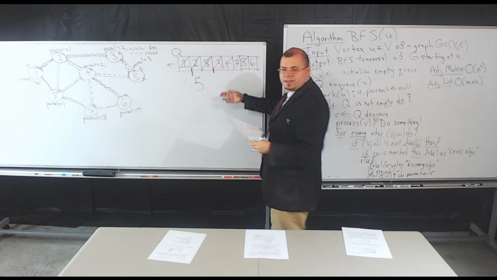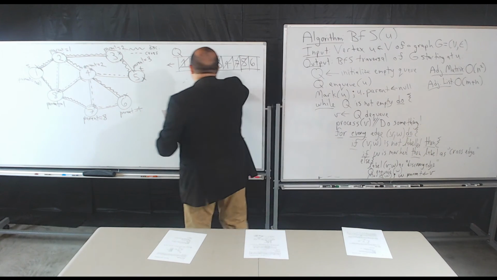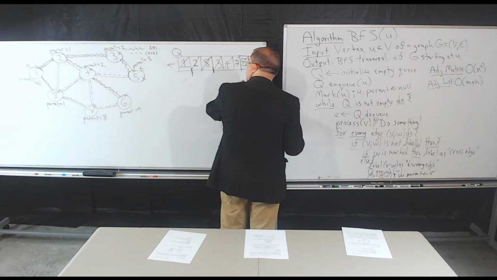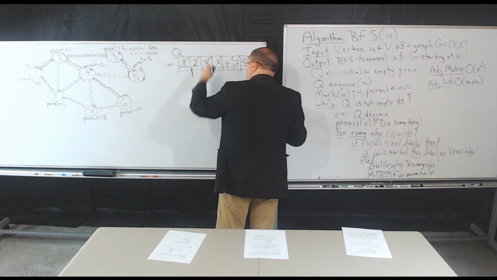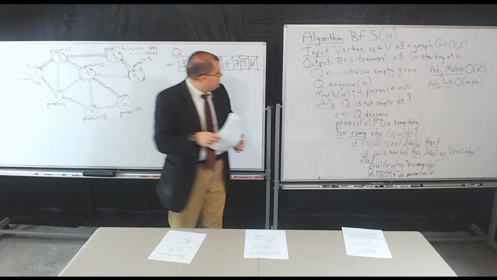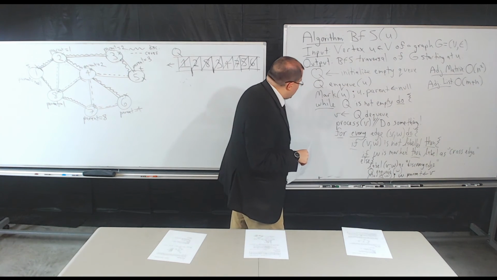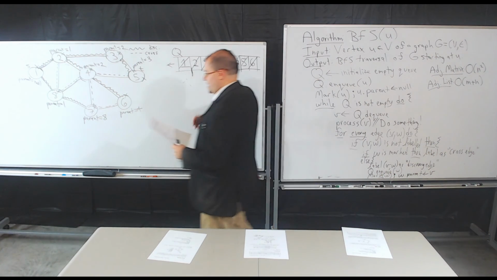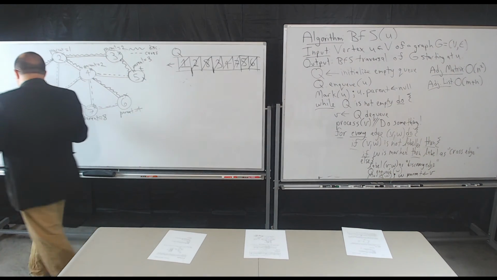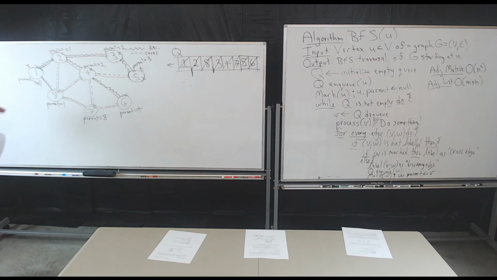Any incident edges I need to consider? No. How about 6? Anything? No. The queue is now empty, and thus now I have finished BFS. And I end up with this right here. So this is my example of BFS.